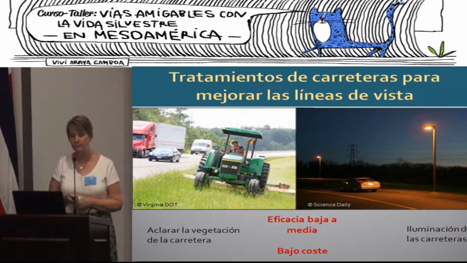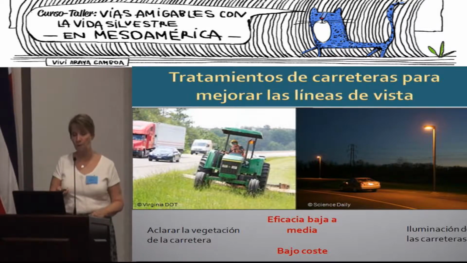The clearing of vegetation also doesn't have great studies. There's probably, in my opinion, the best one is one on moose and railroads, which doesn't totally apply to a lot of cases, but in that case, they have found some cases where the moose would actually not get quite as close to the rails.